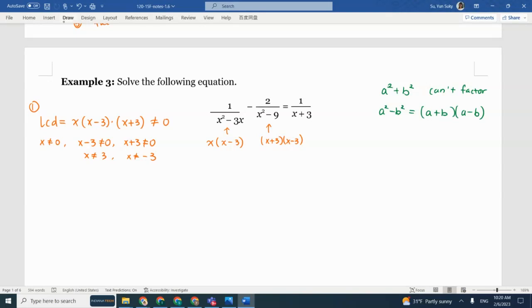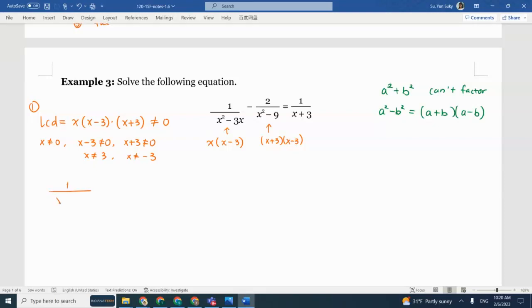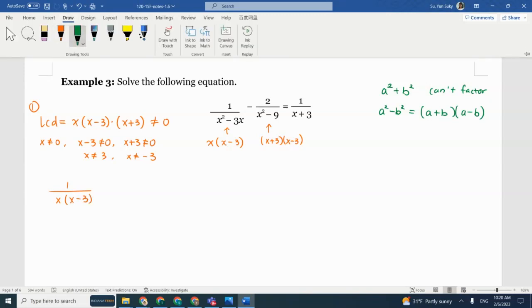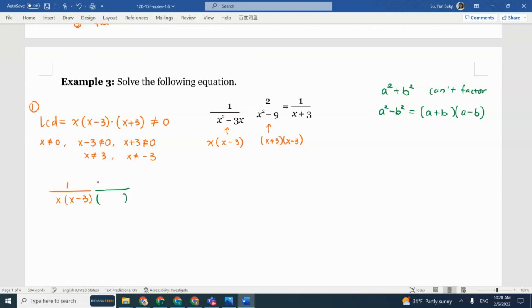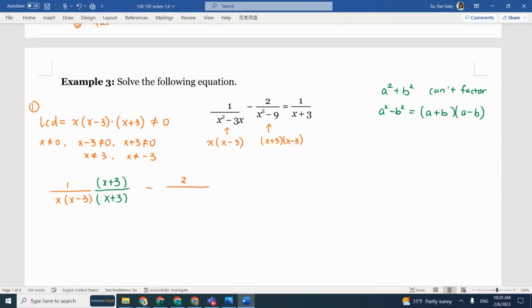And then next step, we want to get all the common denominators. Let's look at the first term. The first term we have 1 over, let's use the factor form. What do we want to multiply so that we get the least common denominator? X plus 3, right? And then minus 2 over, in factor form, x plus 3, x minus 3.